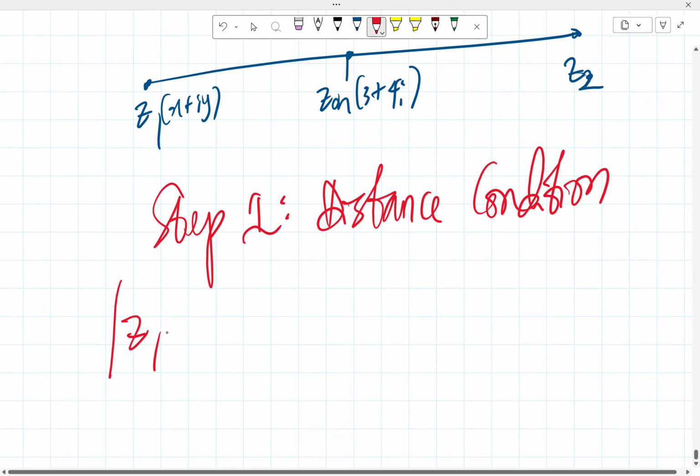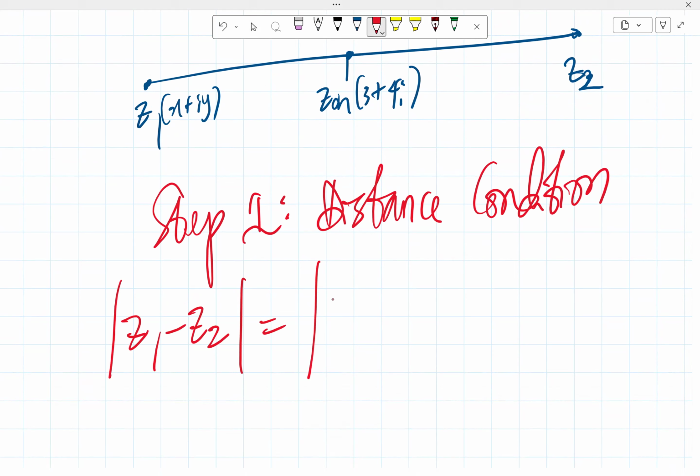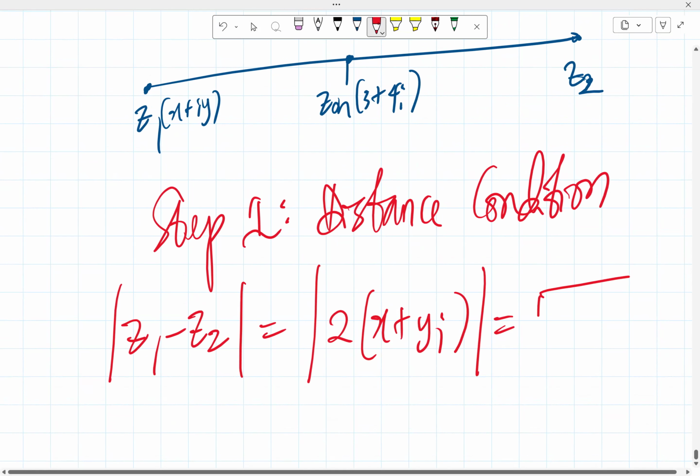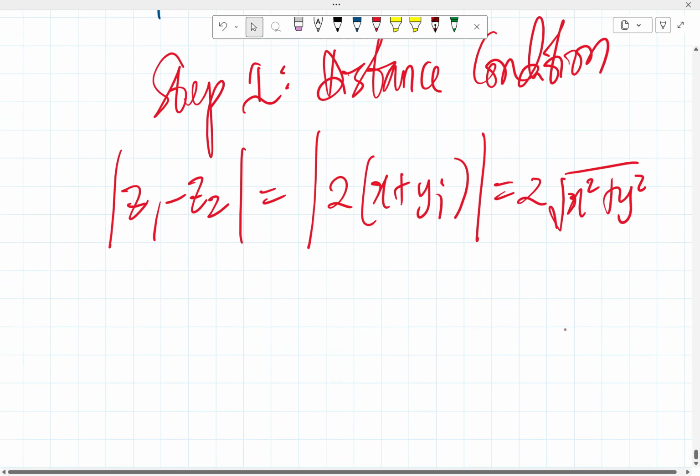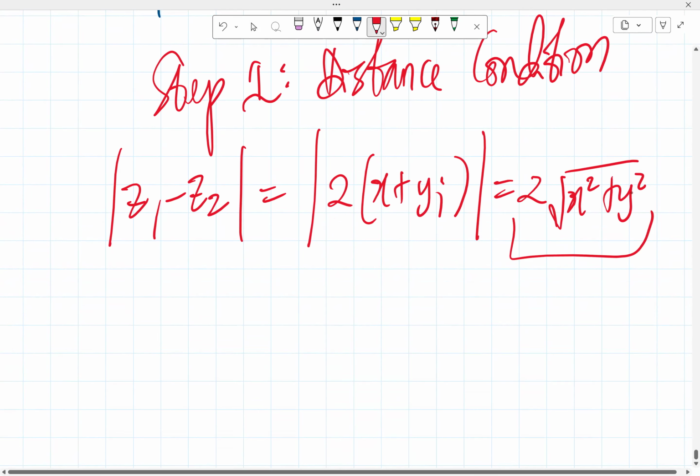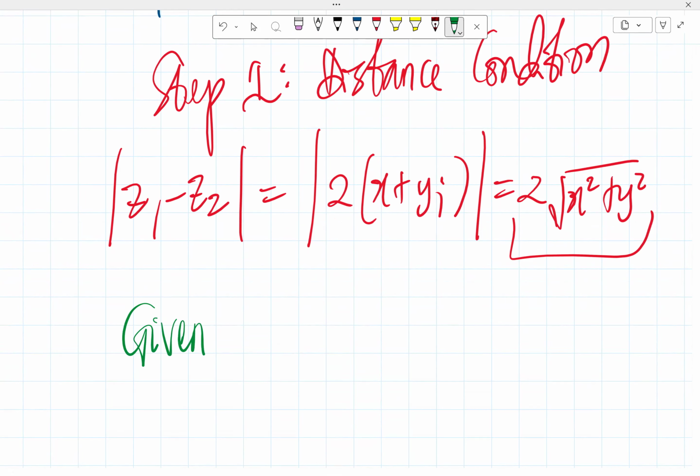For the distance condition, we know that the absolute value of Z1 minus Z2 is equal to the absolute value of 2 times x plus yi. That is equal to 2 times the square root of x squared plus y squared, because 2 is constant.